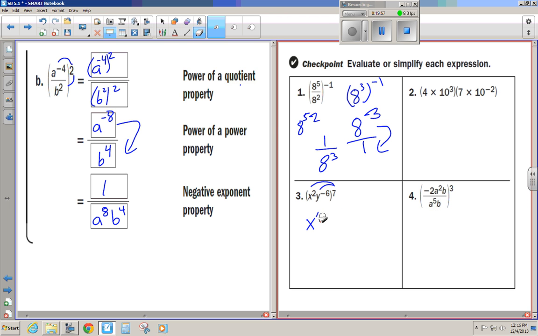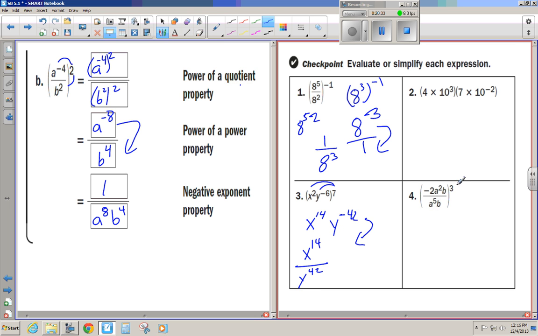And then y to the negative 6 to the 7th becomes y to the negative 42. So once we have the negative exponent, it drops on the other side, and you have x to the 14th over y to the 42nd, and not x. I'm sorry, y.